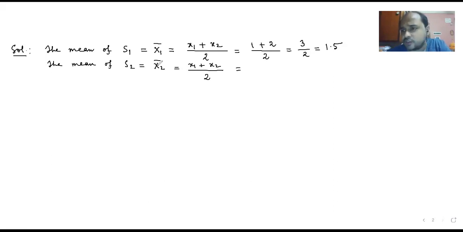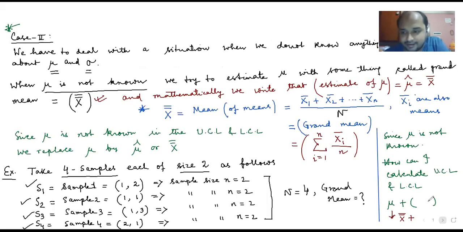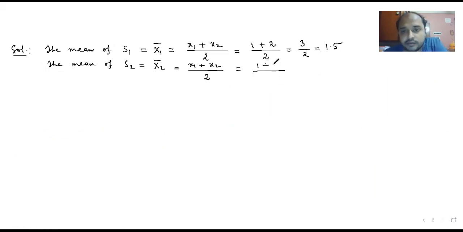Capital letters are actually, okay, let me not take the term, because that is in module 1 and 2. Ma'am will talk about it. So in here also the values are 1 and 1. So 1 plus 1 by 2, that is 2 by 2, which is 1.